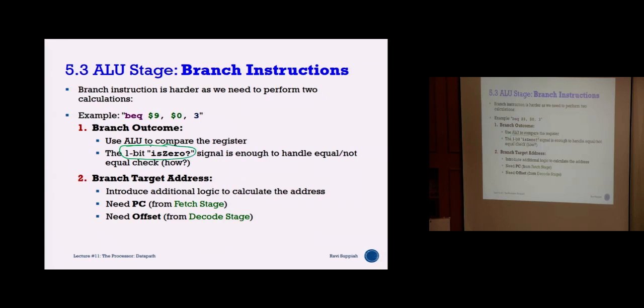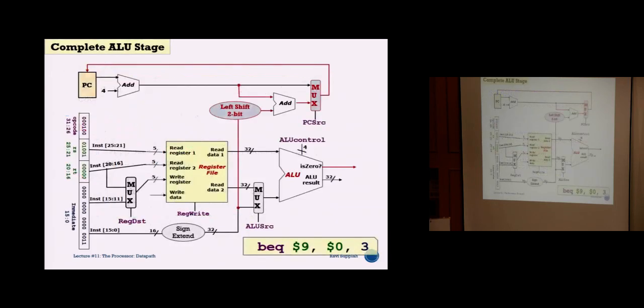We are going to see how we can use the zero bit and at the same time calculate the new target address. Remember, for a branch instruction we need to do two things. The ALU must tell us whether the two numbers are equal or not equal, and at the same time we must also generate the new target address to jump to. So now it looks a bit more complicated. What do we do here?